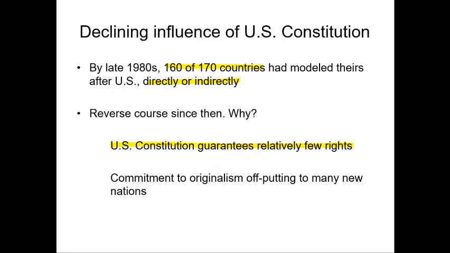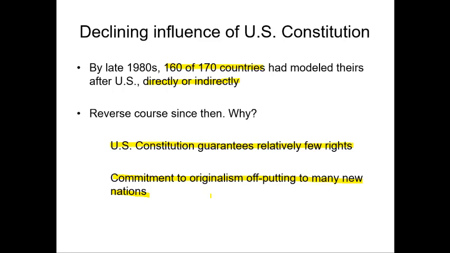Countries that are coming into the stage of development today where they may need a constitution or a new constitution are in a situation where they need quite a few more rights articulated and guaranteed that we take for granted. Another thing that may be off-putting to new nations is this concept of originalism.